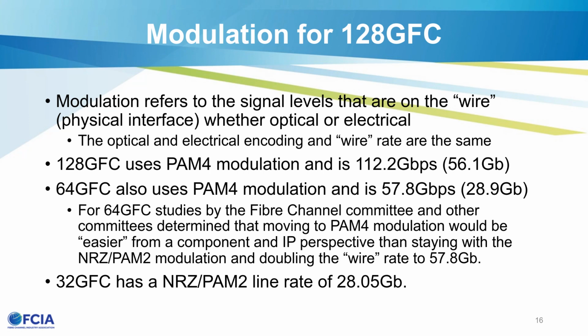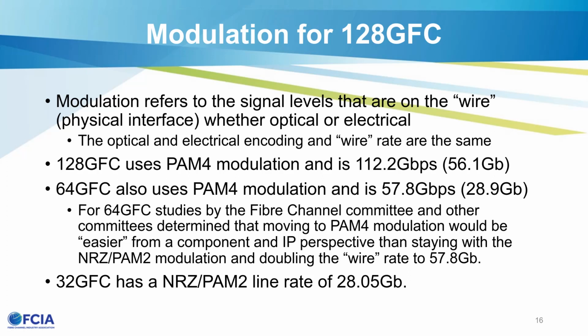We talked about this a little bit already, and I'll just highlight it quickly. The modulation refers to the signal levels that are on the wire and the physical interface, whether it's optical or electrical. And the optical and electrical encoding and wire rate are the same. One of the things that's really important, and we'll talk about this a little later for Fibre Channel, is what is transmitted on the host electrically.